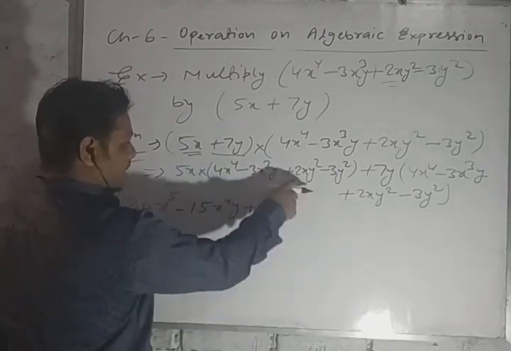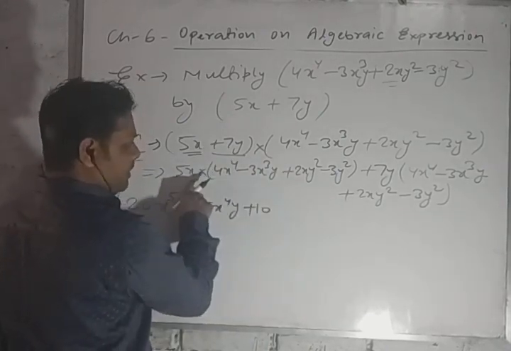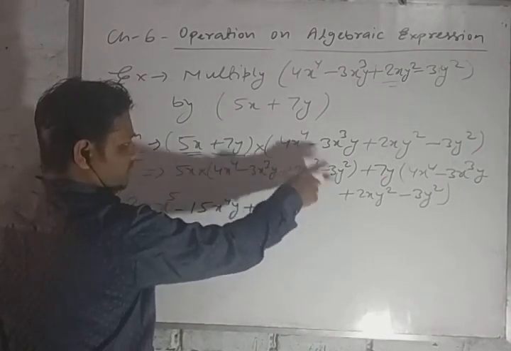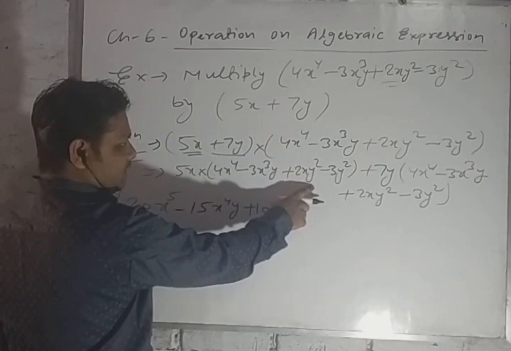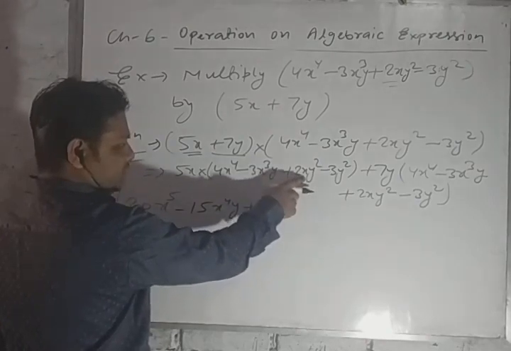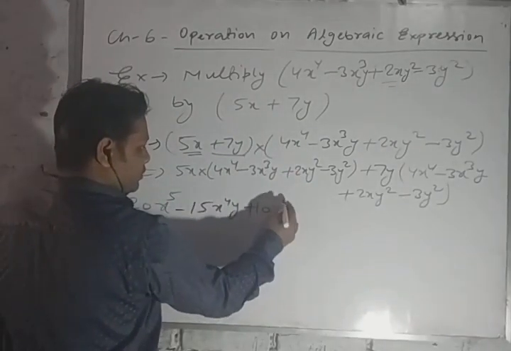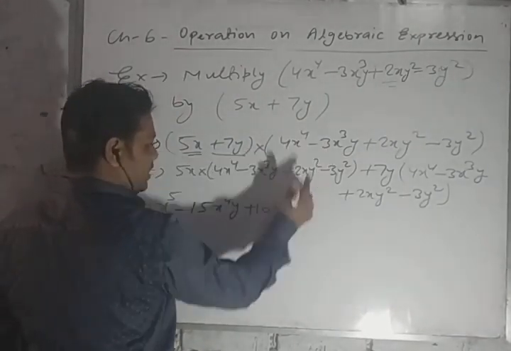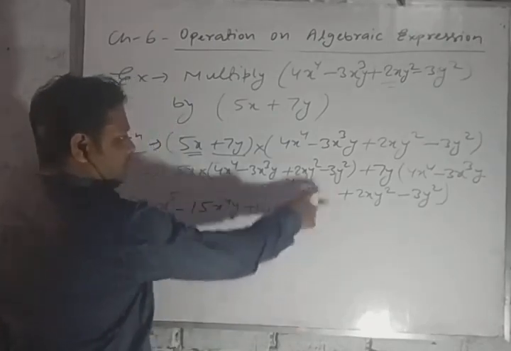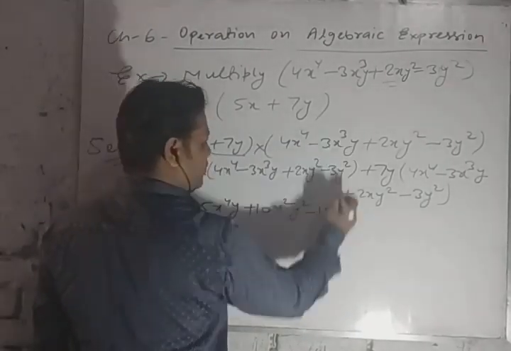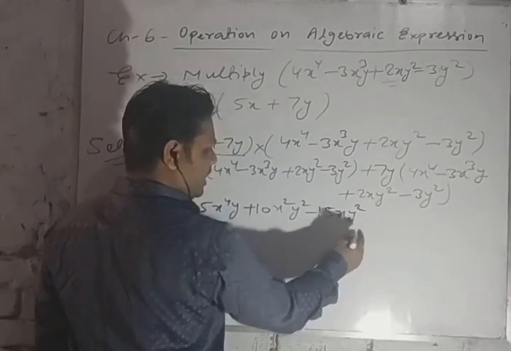Now plus 5 twos are 10. x to the power 1 and x to the power 1, because the exponent 2 is on the y, so 1 plus 1 is 2: x square, and y only y square. Now minus 5 threes is 15 x y square. Both are unlike terms.